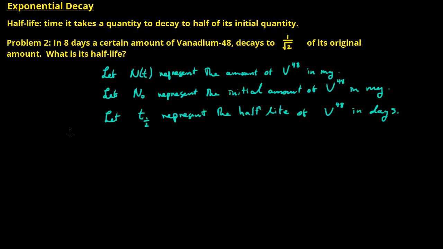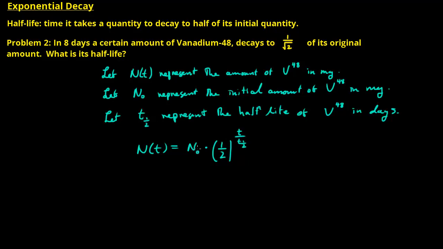Now let's see if we can sort of piece together an equation to figure this out. Well, I've got that n of t is equal to the initial amount. So how this would work is if I had some initial amount, n subscript 0, and its half-life was t subscript 1/2, I'd multiply its initial amount by 1/2 every time that this half-life went by, so every t subscript 1/2 days.